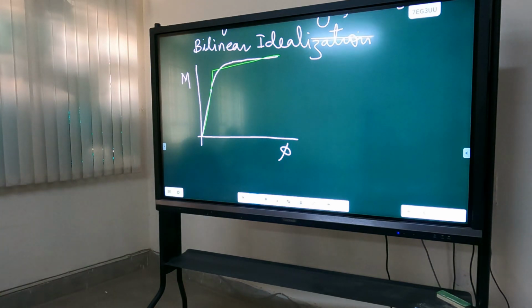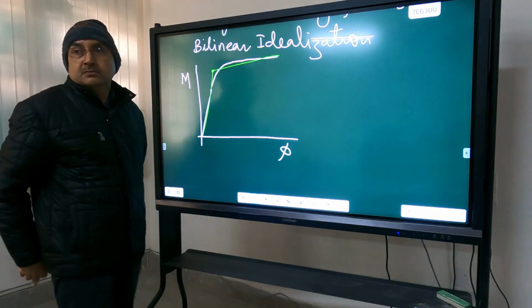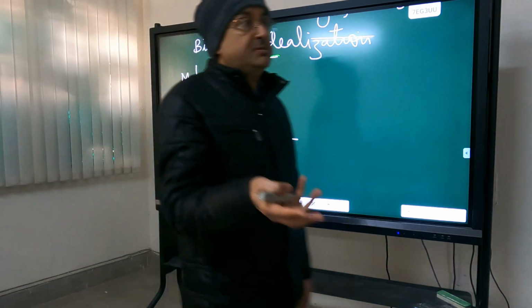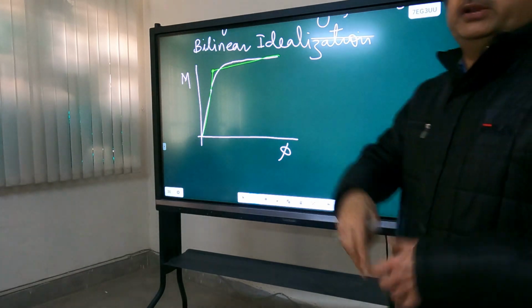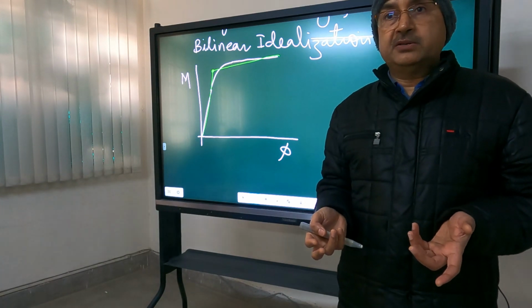Then I can clearly define that this is my yield point in the bilinear curve. In the actual curve, it is difficult to say which point is the yield point, but in this bilinear curve, I can say that. And when I am representing it by two lines, I can draw any two lines. There has to be a standard procedure of defining this bilinear curve.